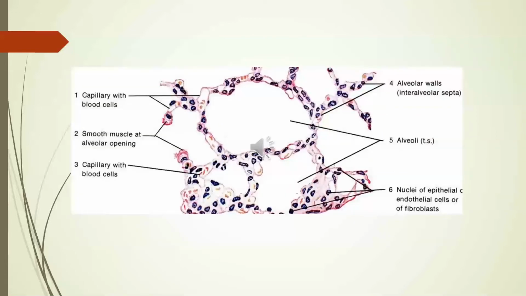This slide represents the interalveolar septum. The interalveolar septum is the lung parenchyma between two adjacent alveoli. It is formed of two main components: the alveolar epithelium, pneumocyte type 1 and pneumocyte type 2, on both surfaces, and in between is the interstitium.